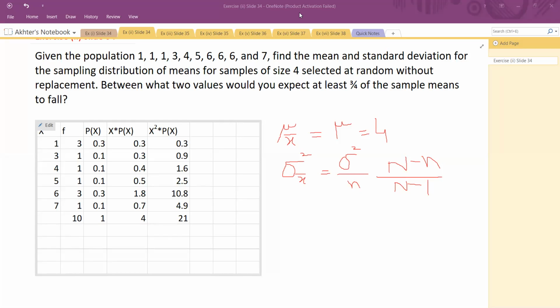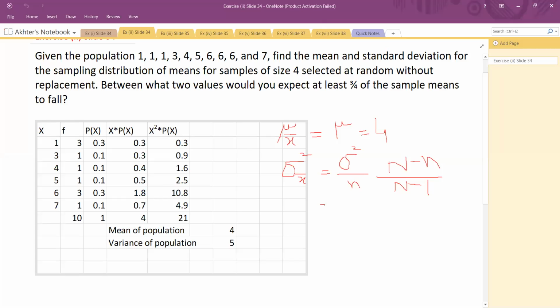So now we have the value of the population variance as well as the mean of the population. The mean of the population is 4. Now the computation of the variance of the sampling distribution of mean will take place. This is equal to 5 divided by sample size 4, multiplied by the FPC.